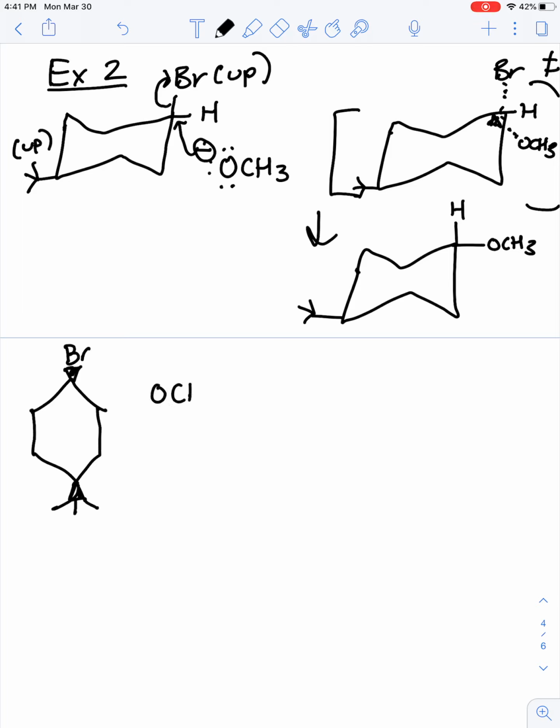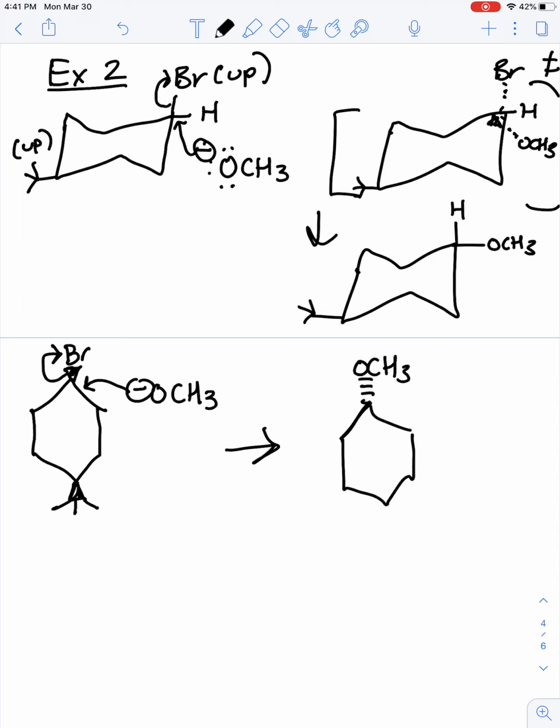That methoxy is going to come in here and attack that carbon. This bond is going to be breaking at the same time. And we are going to have inversion of our stereochemistry. We're going from a wedge to a dash for the methoxy, plus our leaving group.